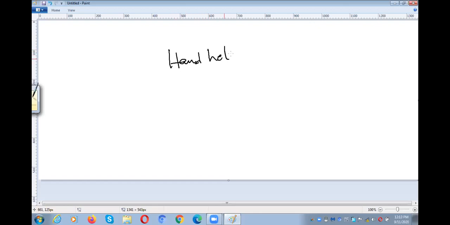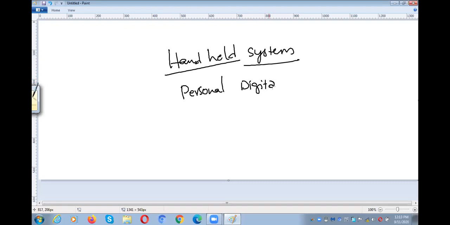And the next variety, handheld system. Right? So what is a handheld system? Personal digital assistants, shortly we can call it PDA, and your mobile devices.